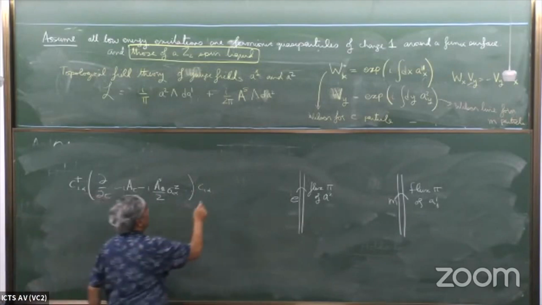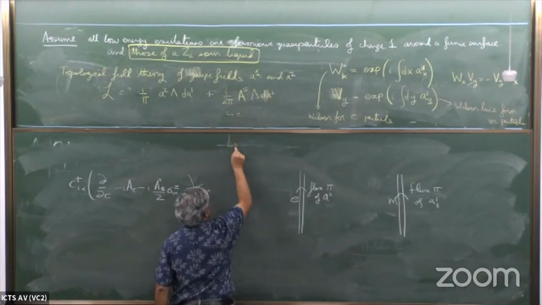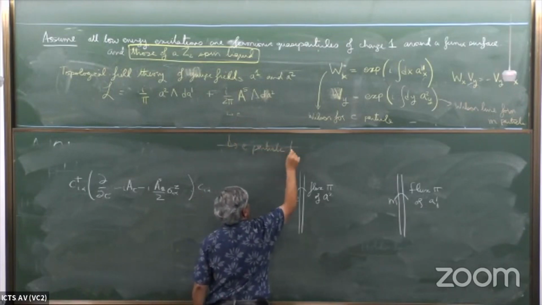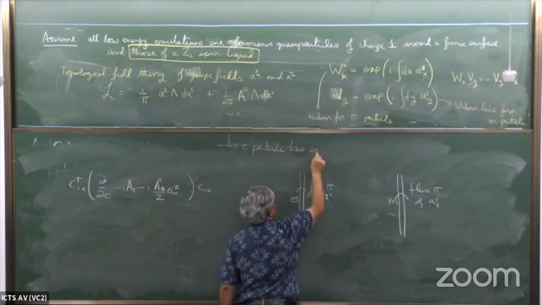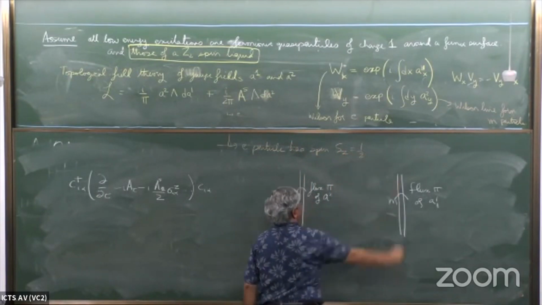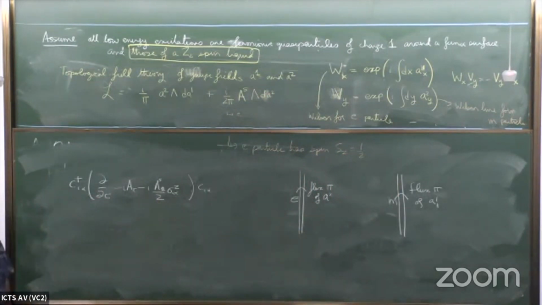So this tells us the E particle has spin Sz equals 1/2. All right, so now I'm going to do a flux insertion of 2 pi. I only wanted to act on the up-spin particles.